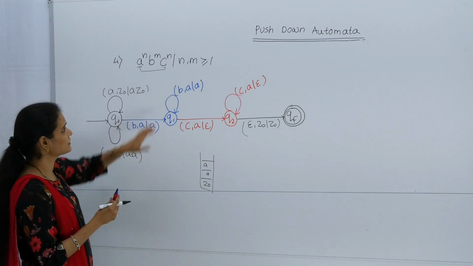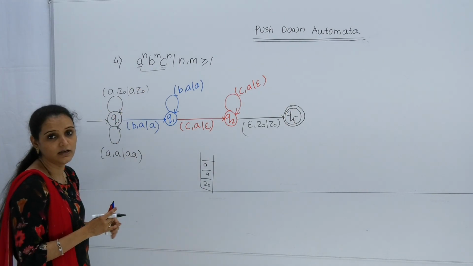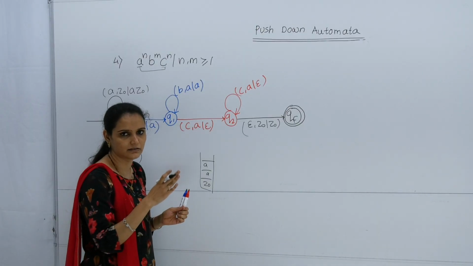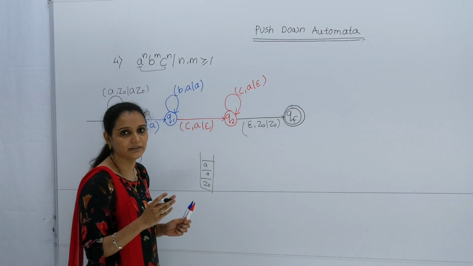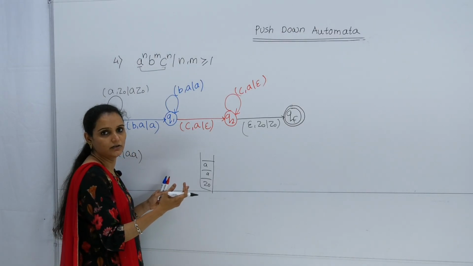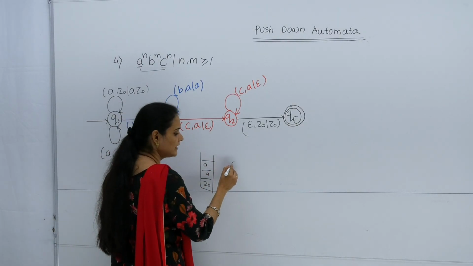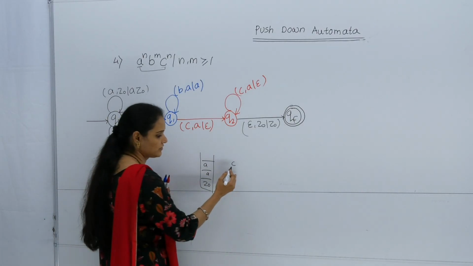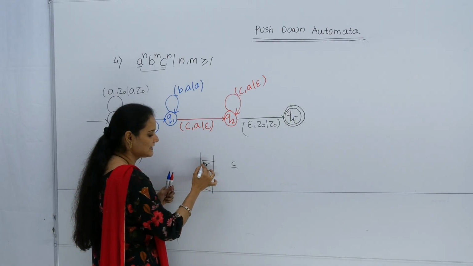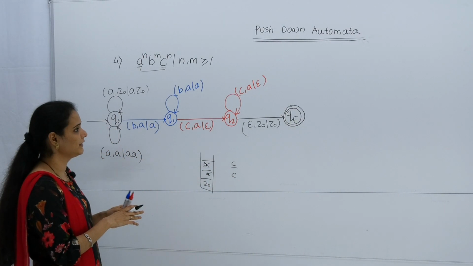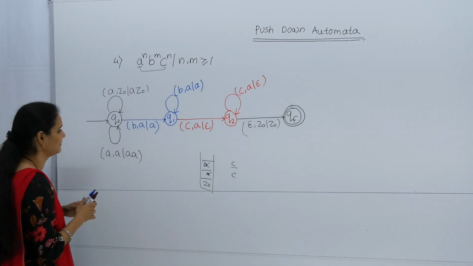There is no restriction on the number of B's, so when the string ends reading A and starts with B, we are only reading and ignoring the B's. After that, when the first C is read, we perform the pop operation. For each and every C, one A will be popped. Likewise, we are going to design the pushdown automata.